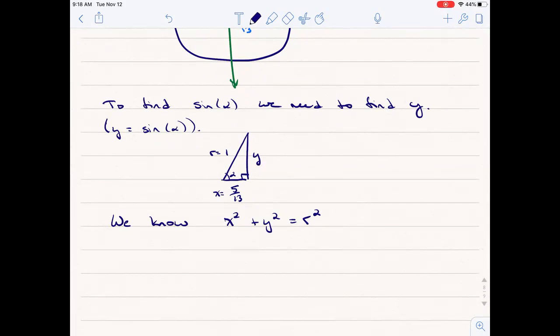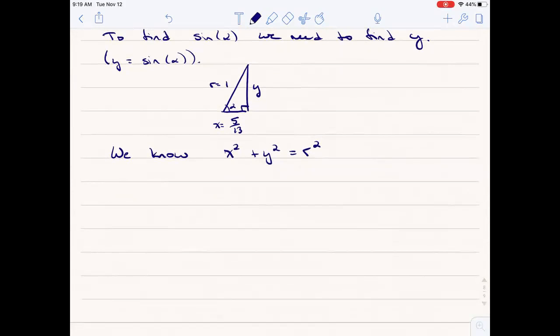You've probably used a squared plus b squared equals c squared, but it's the same. C is the hypotenuse, the radius is the hypotenuse, and the equation for circles is going to be using r squared.